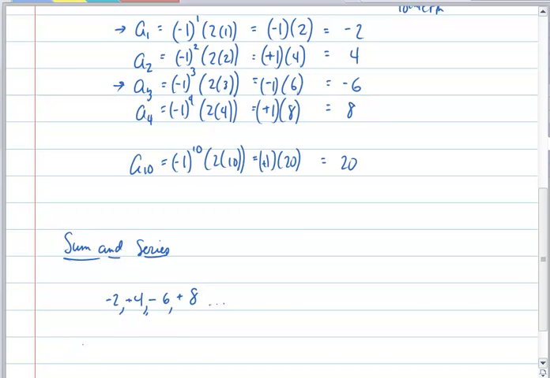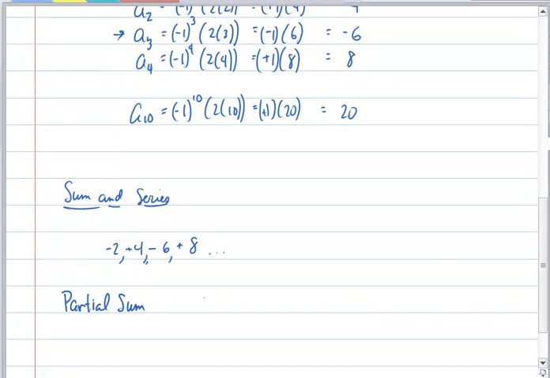So for example, if they said to us to find a partial sum, they would note that with an S instead of an A this time, because remember the A stands for the amount at a term, like A sub 10. But when they ask us to do the sum of 10, that would mean the partial sum of the first 10 terms.